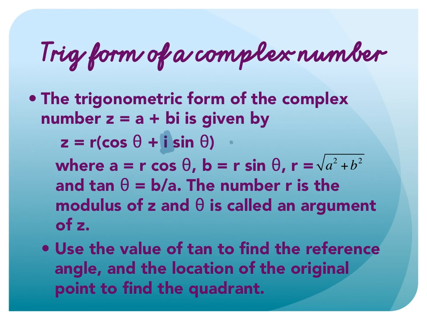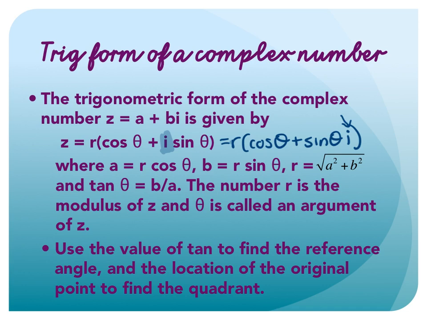It would also be the same thing to say r cosine theta plus sine theta i. Putting the i at the end changes nothing about this except that we are not finding the sine of i. You're just finding the sine of theta, which is why it normally bumps it to the front. So a would be r times the cosine of theta, and b would be r times the sine of theta.